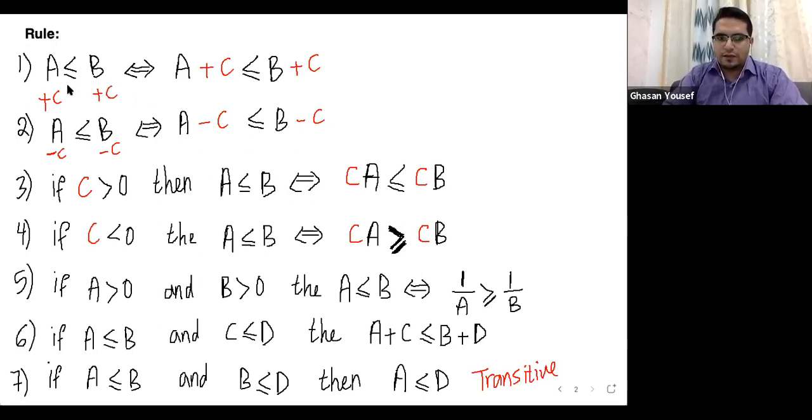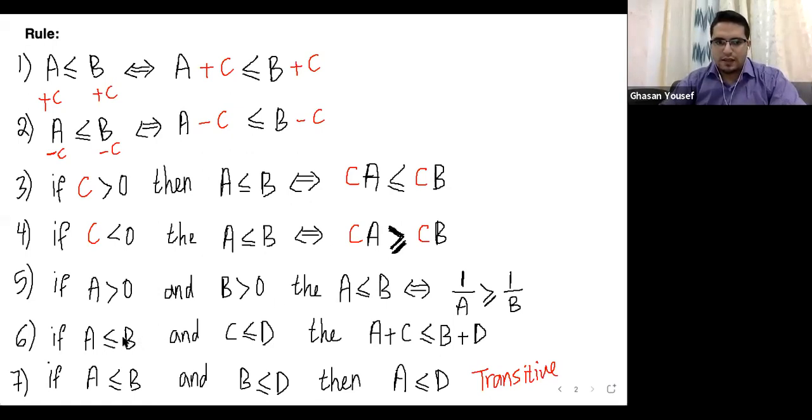So again, when we add the same quantity to both sides of the inequality, when we subtract the same number, when we multiply by a positive number on both sides, when we multiply by a negative number on both sides, and if we take the reciprocal also.